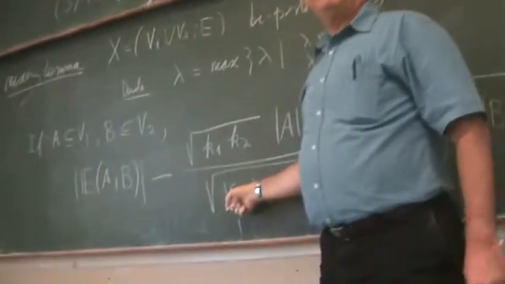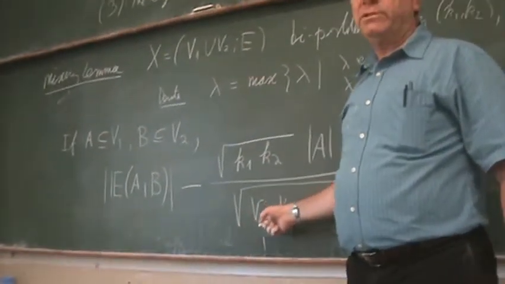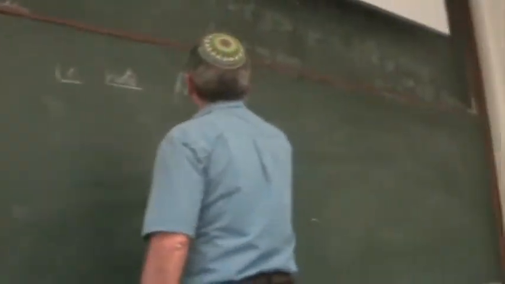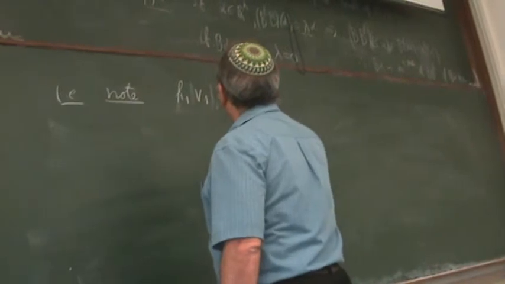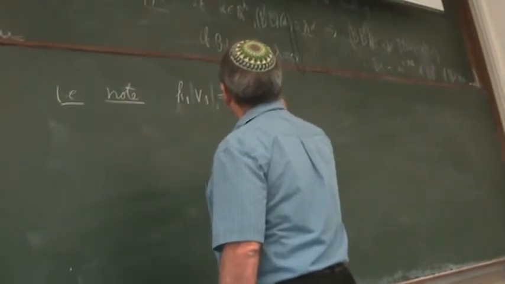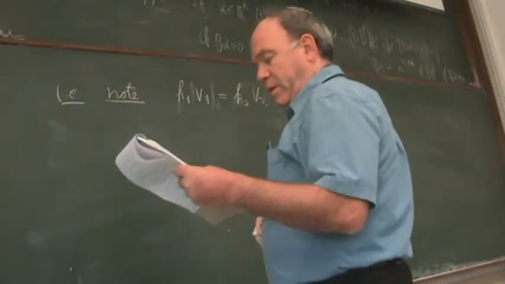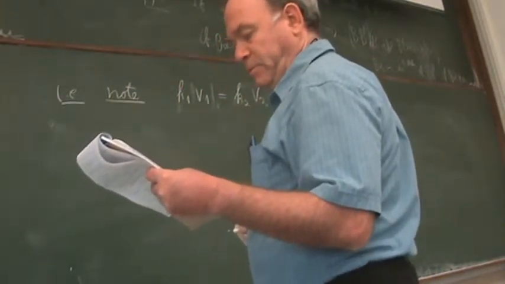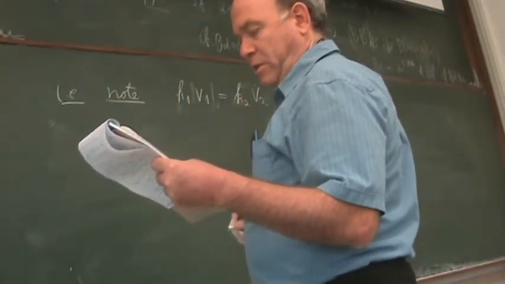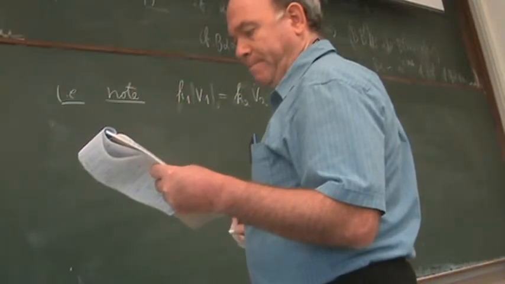Sometimes when I write V1, you understand I mean the size of V1, of course, since this is a set, so I will not carry the absolute value all the time. k1 V1 is equal to k2 V2. So I really can write it like that.